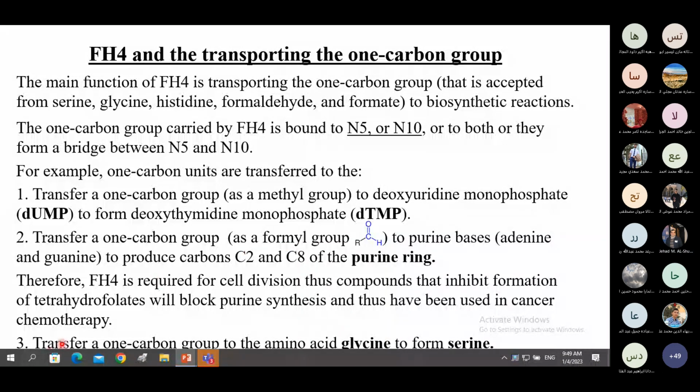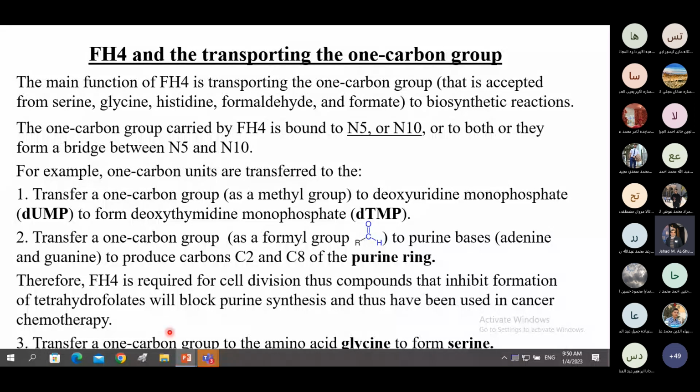Also, the FH4 transfers one carbon group to glycine to form serine. So it converts glycine to serine by donating one carbon atom to glycine. This is the function of the FH4 and how it functions. This is the mechanism of the function of FH4.